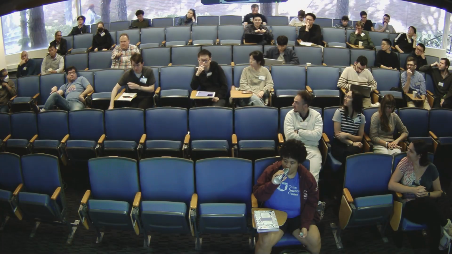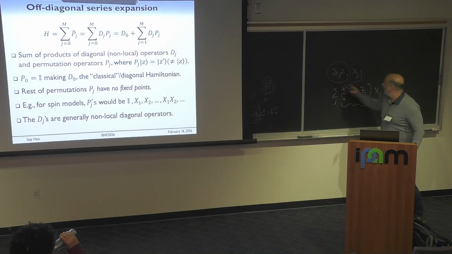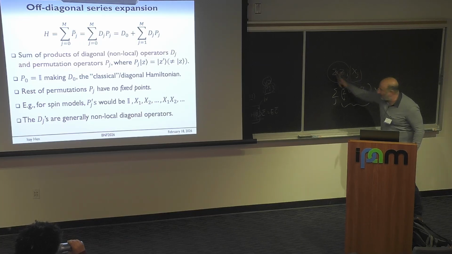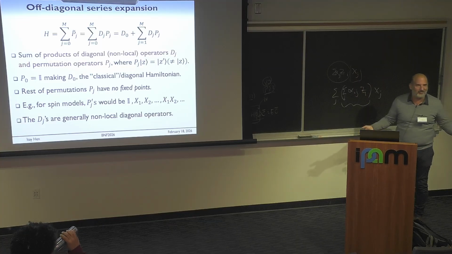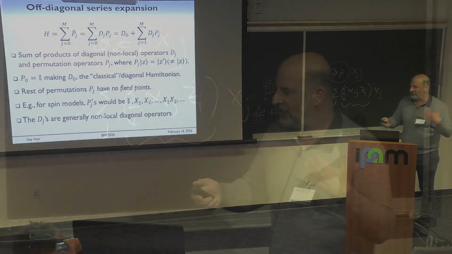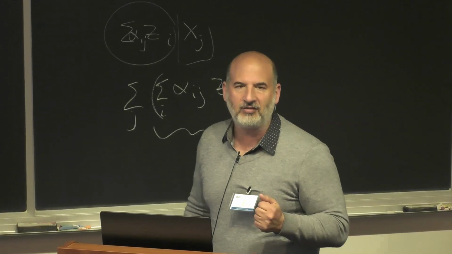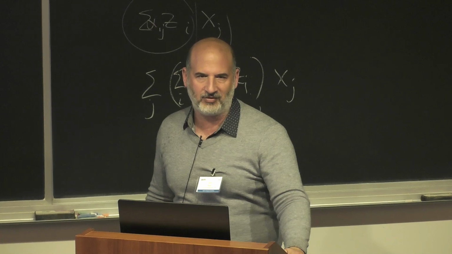Yes, Kevin. If I multiply out the DJs times the PJs, is that not a linear combination of unitaries or no? No. This times that, or this whole thing, is not. Each term is, but it's a sum of terms, so it's not. A sum of unitaries is not a unitary. Generally speaking, a generalized permutation operator is not a unitary, or a constant times a unitary.